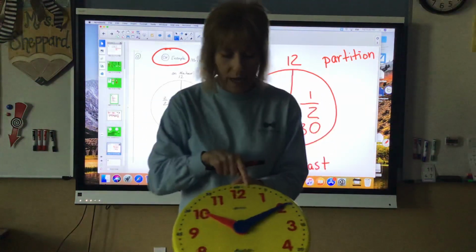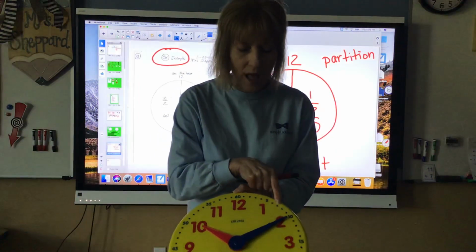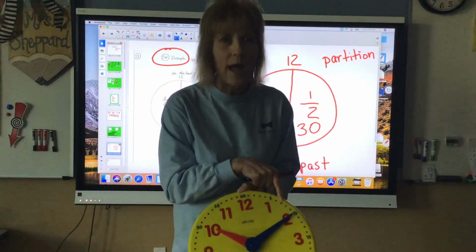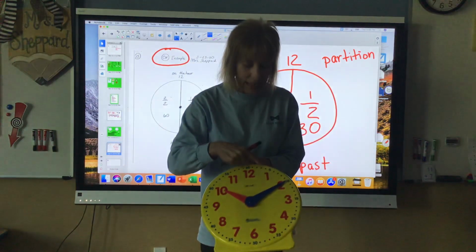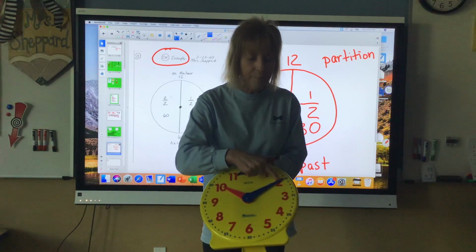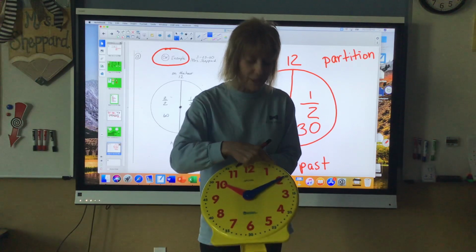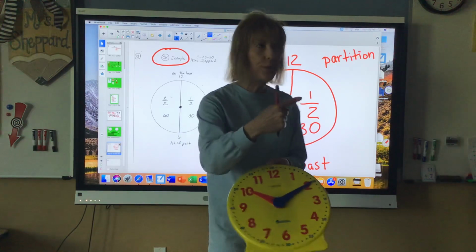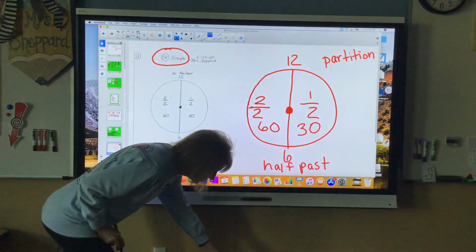Remember, each one of those little blue sections on your clock equals 1 minute. So every time that minute hand moves to one of those little sections, that means another minute has passed.